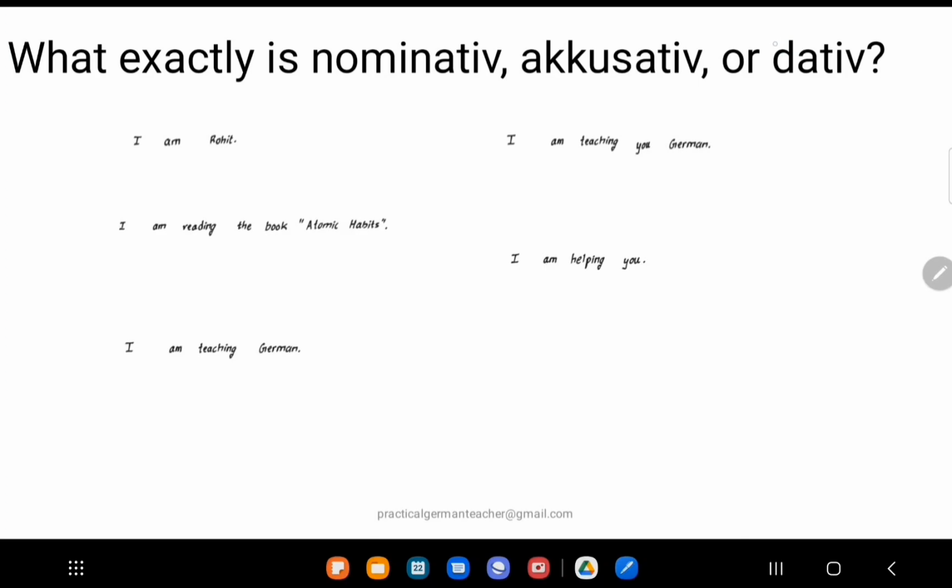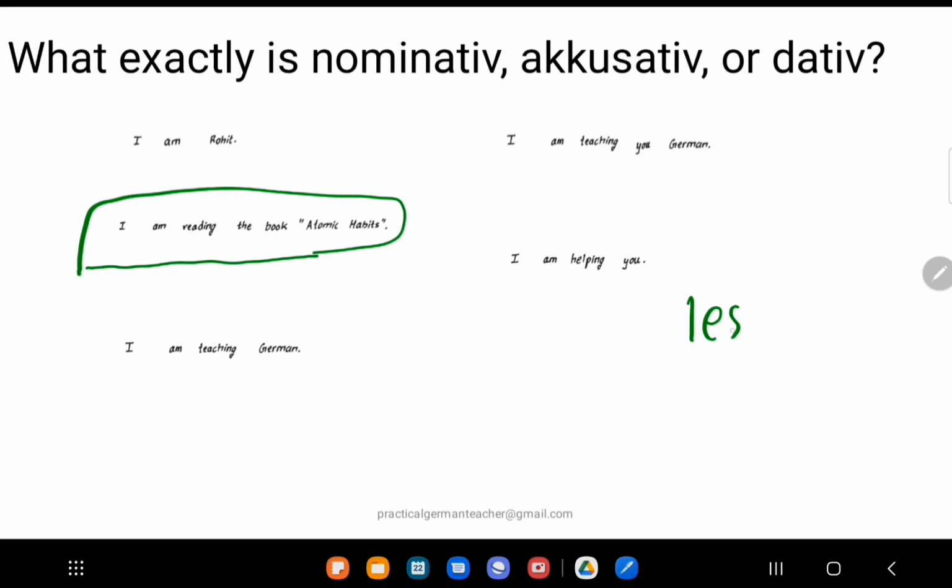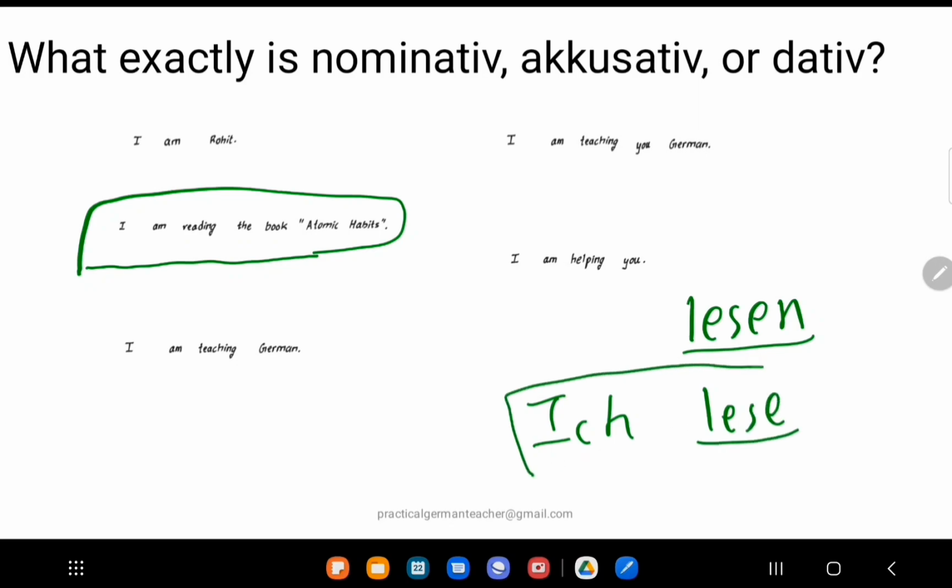We talked about that. Let's look at the next one. So I am reading, right? To read, the verb is lesen. So you can say ich lese. So this sentence is complete.